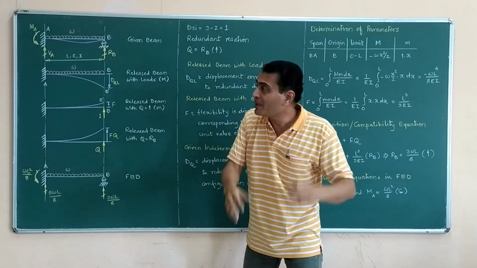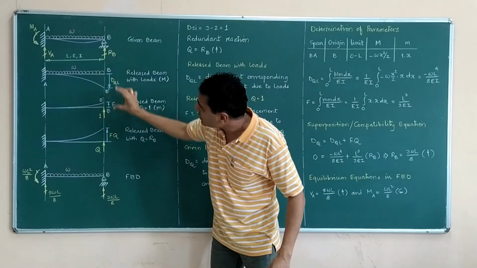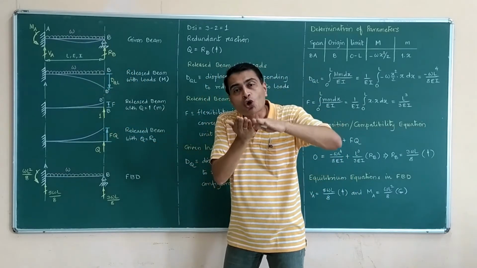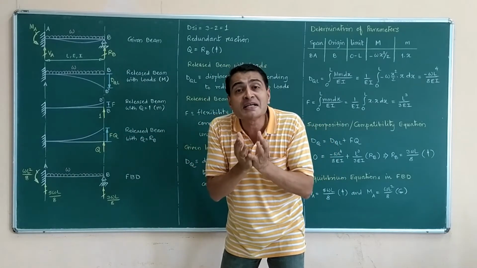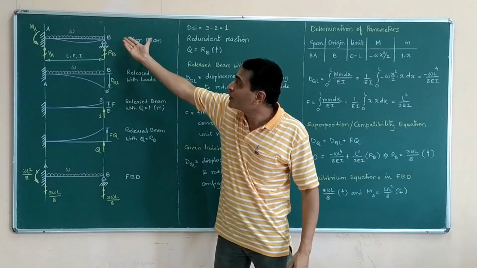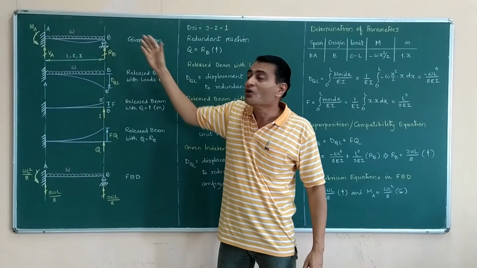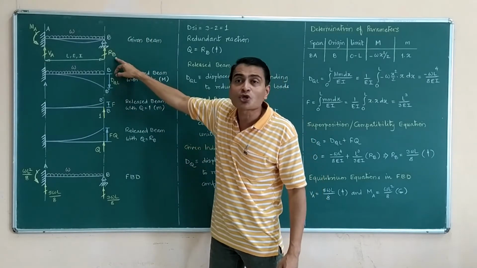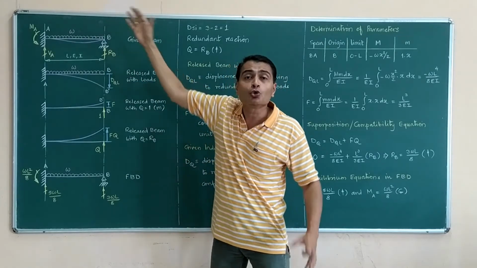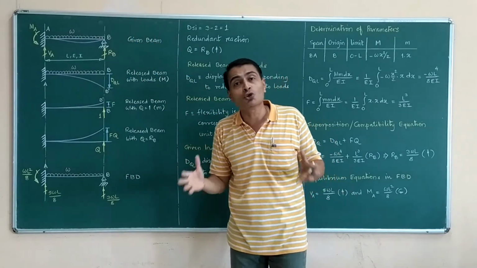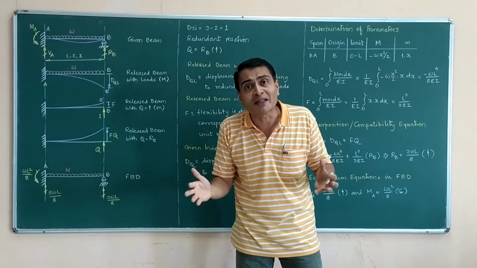You can readily imagine that if these two drawings are superposed, combined, compiled, you are going to get your original beam, where one drawing shows Q equal to RB and the other drawing shows W, that is the applied UDL acting over the entire span.